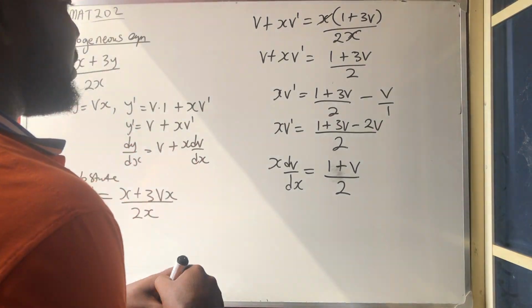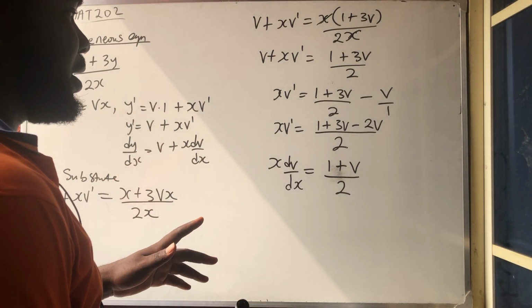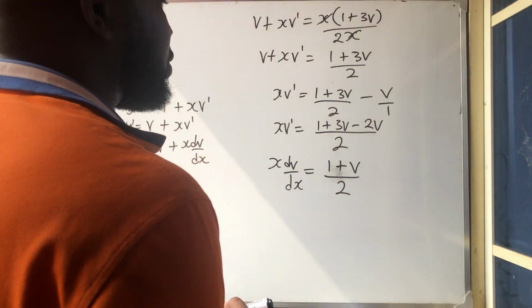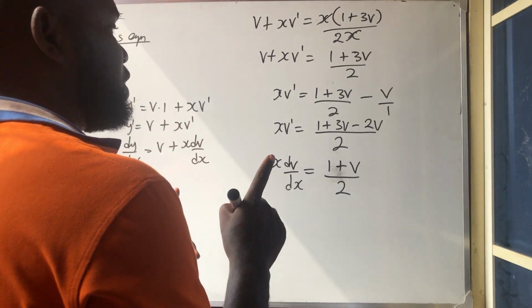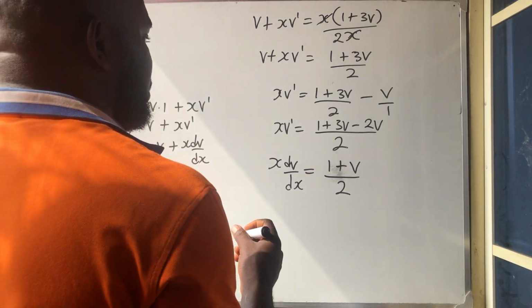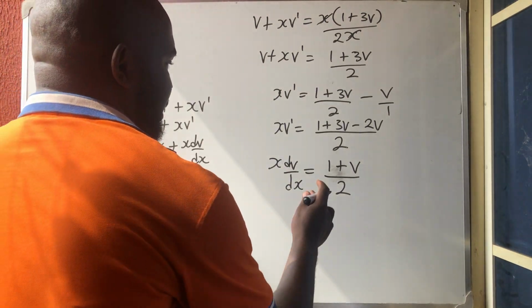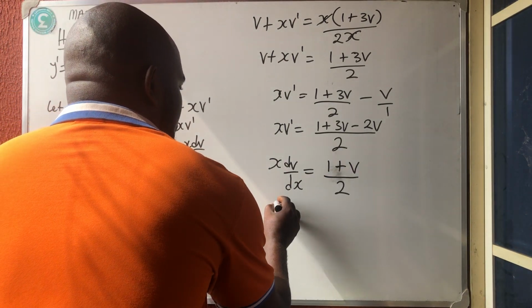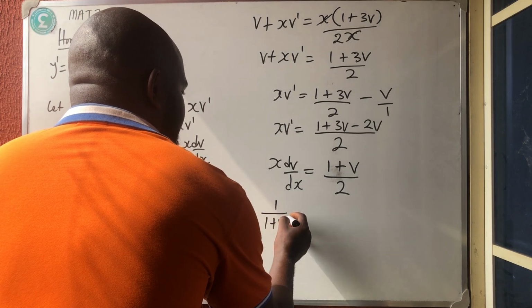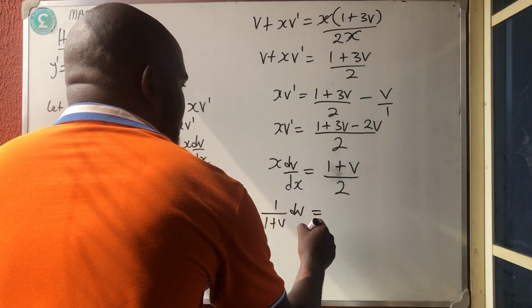If you look at this now, this is variable separable now. So let's take all the v on one side and all the x on the other side, and remember that all the d's must be at the numerator. Since I have the v at the numerator here, all the v will come to the left-hand side.